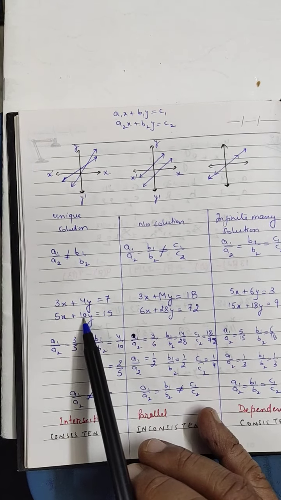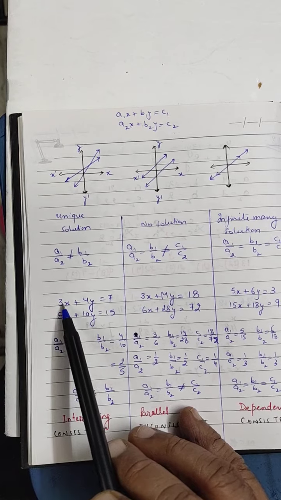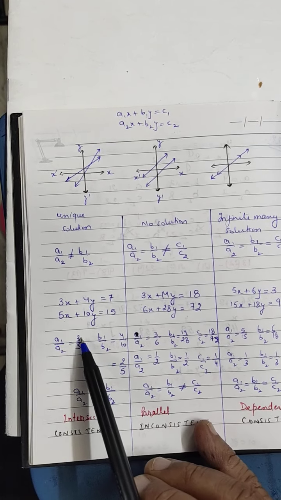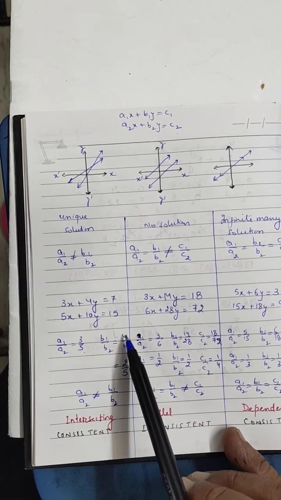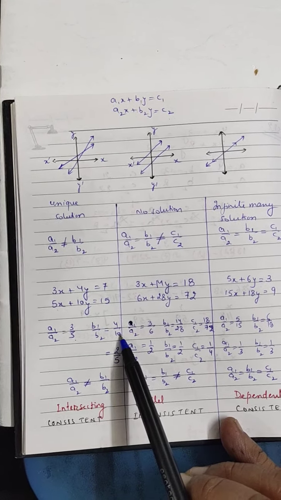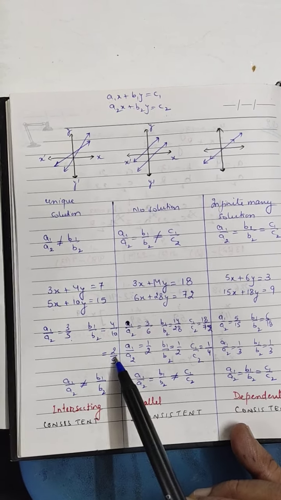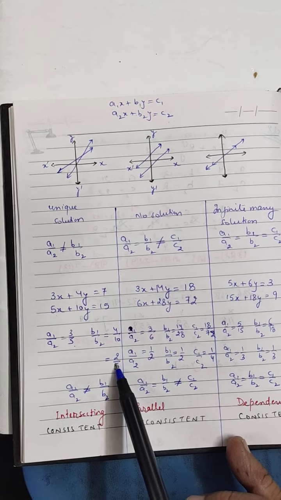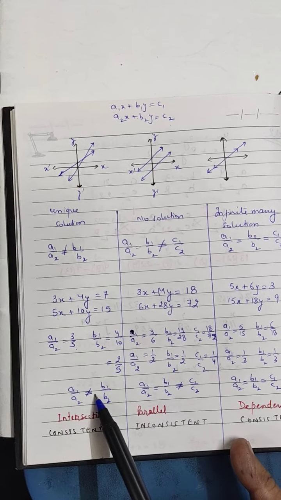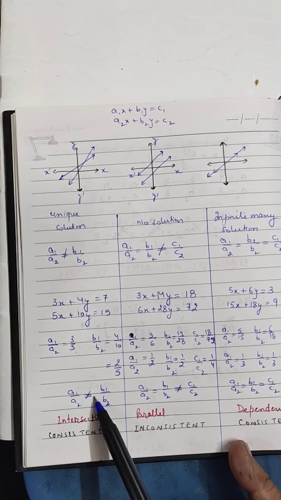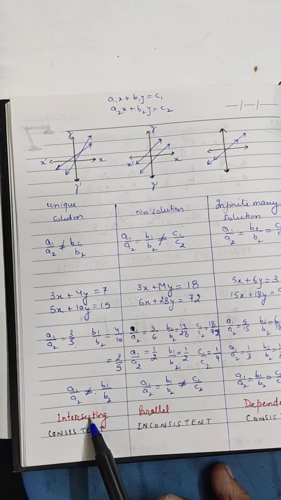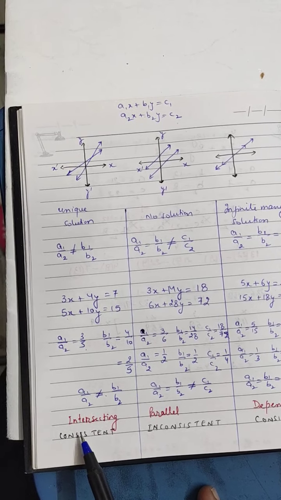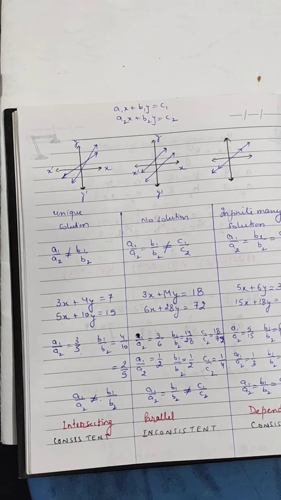In this question, a1 by a2 will be 3 by 5, b1 by b2 will be 4 by 10, which comes out to be 2 by 5. These two values are not equal, so these lines are going to intersect each other, and such a solution is said to be consistent.